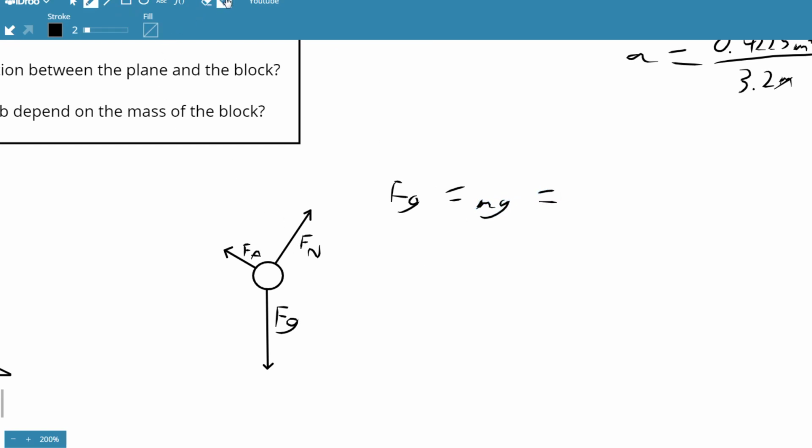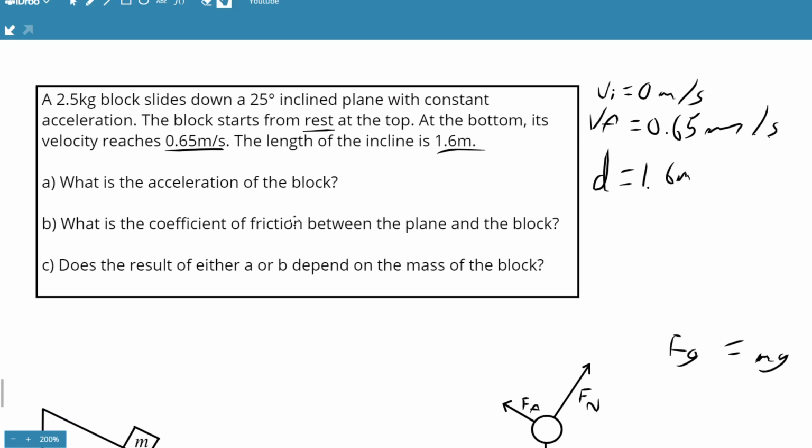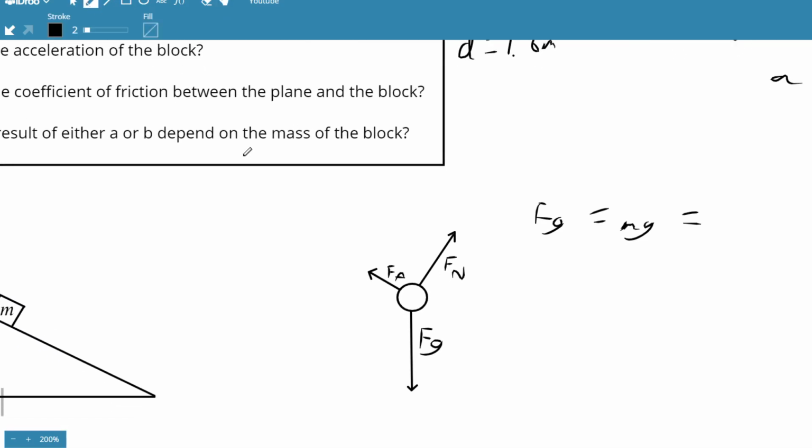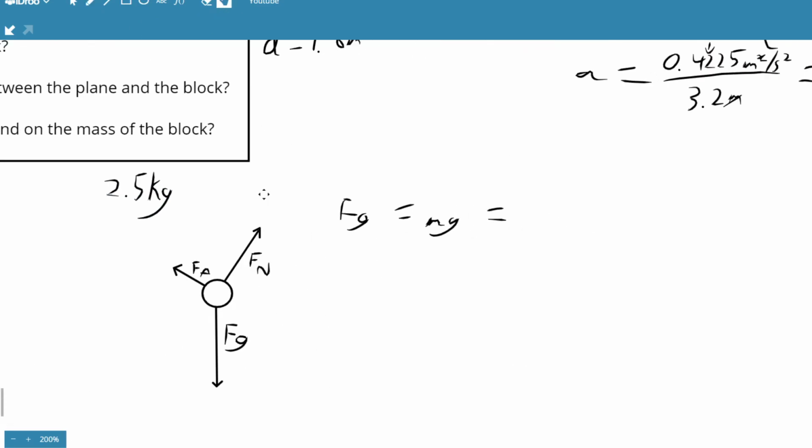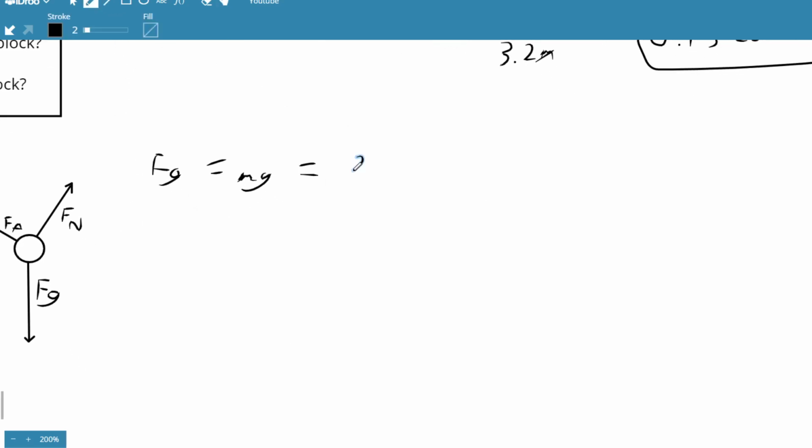So mass, let's look back, I should probably write down here, 2.5 kg, times 9.81 meters per second squared.